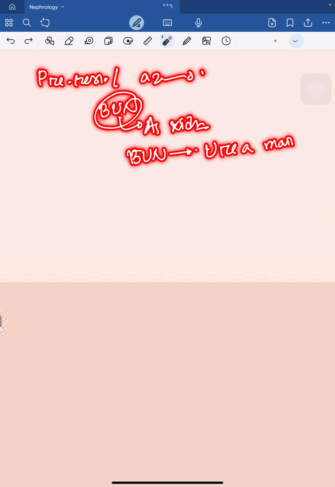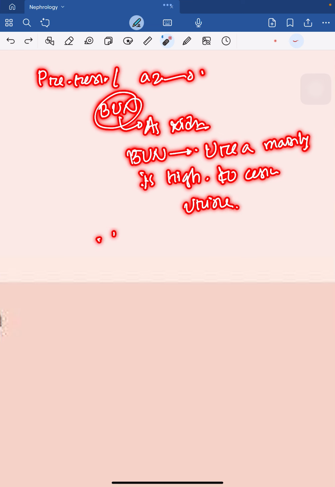As the kidney is intact, blood urea nitrogen, or urea mainly, is high to concentrate urine, and creatinine is low as the kidney is still functioning.